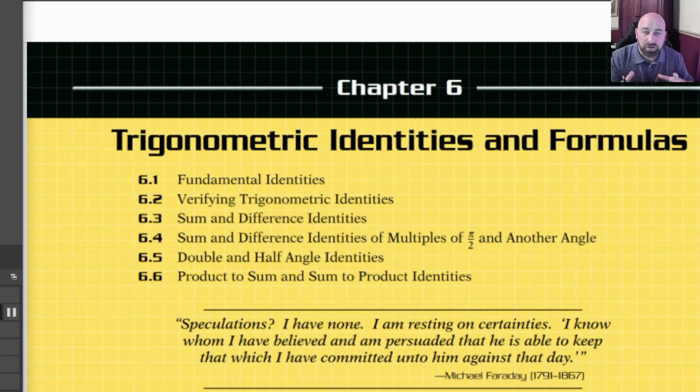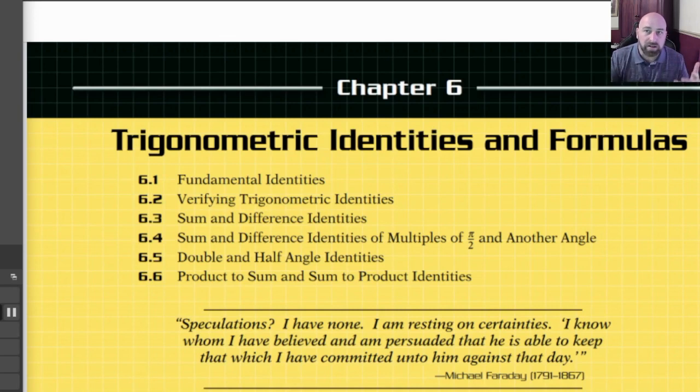Really, nothing that you're going to learn in this chapter is going to make a whole lot of sense to you. Honestly, all you're doing here is learning how to switch things around, how to manipulate things, how to change things from sine to cosine, how to change things from secant to cotangent, something like that. So you're not going to really understand a lot of what's going on yet, but as soon as we jump into chapter number 7, you're going to go, oh, wow, okay, I get it now.